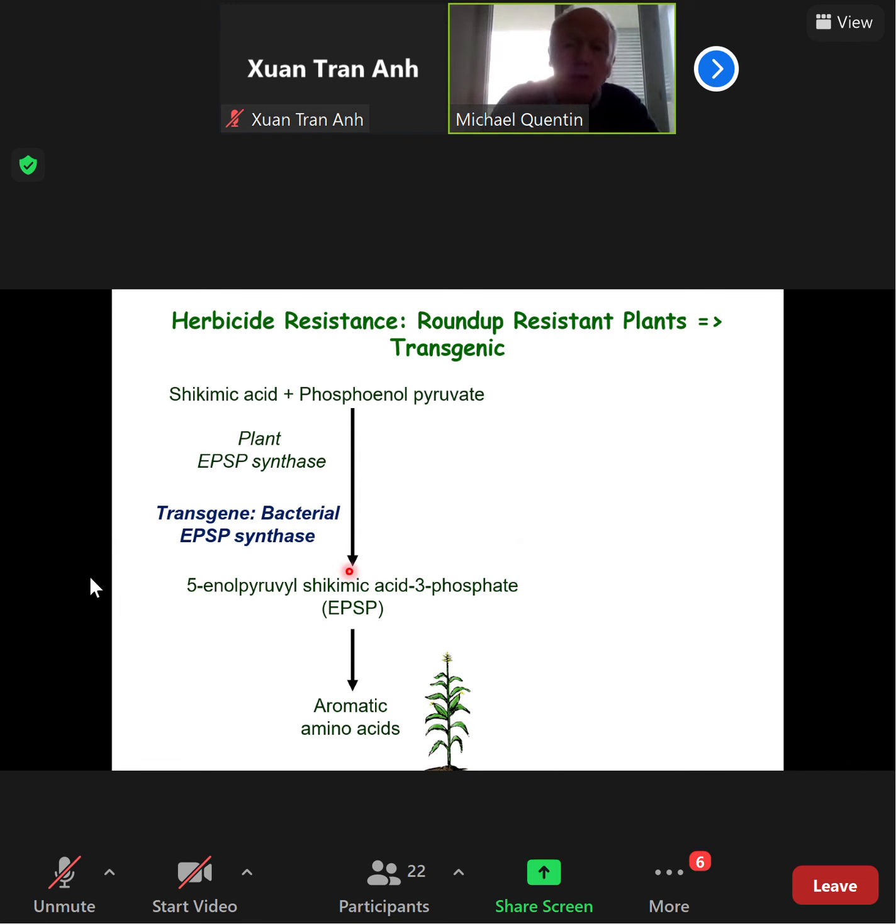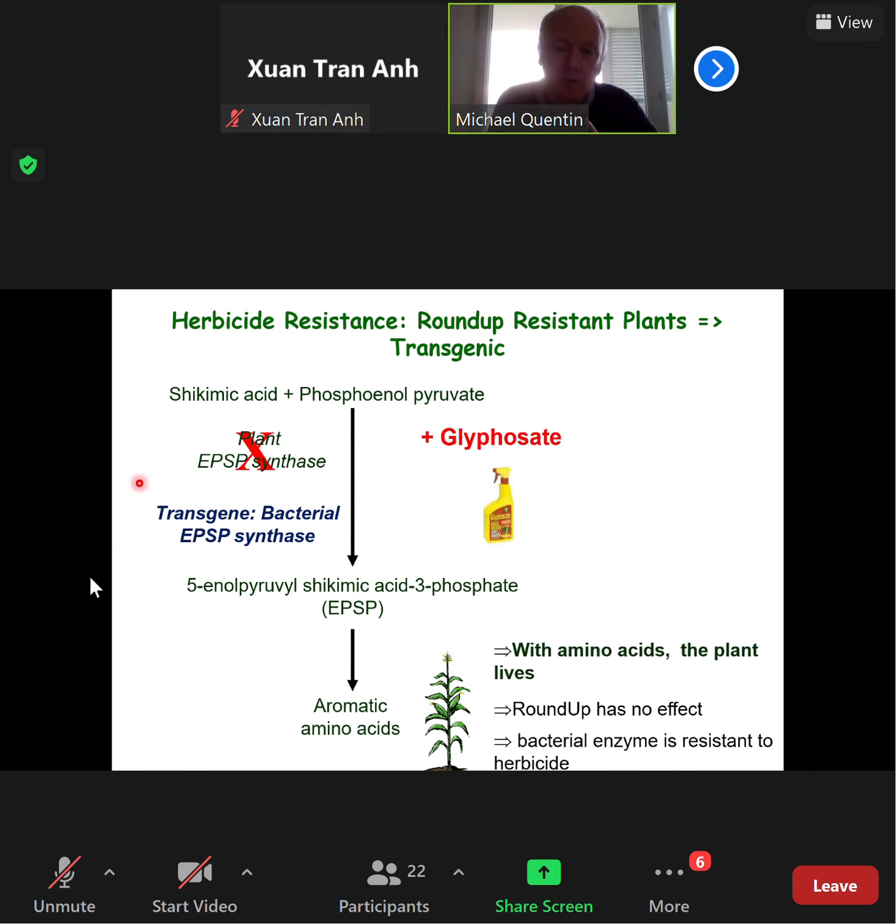The difference of this synthase is that it is not susceptible to the herbicide. So when you treat the GMO plant with the herbicide, of course, you will inactivate the plant EPSP synthase, but you will not inactivate the bacterial EPSP synthase that you introduced into the transgenic plant.